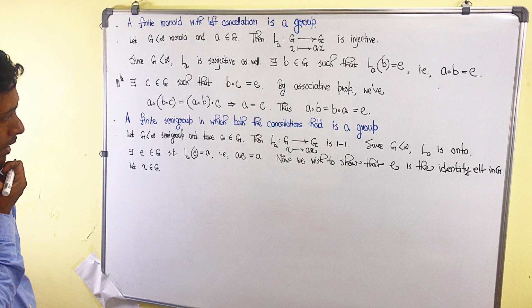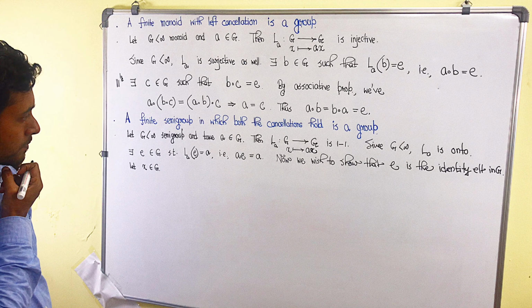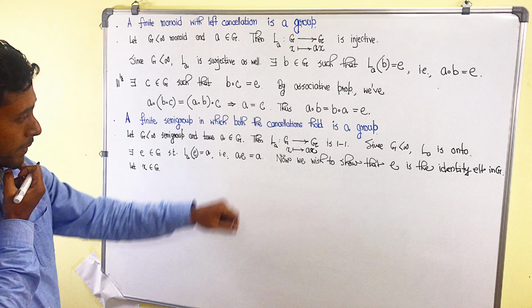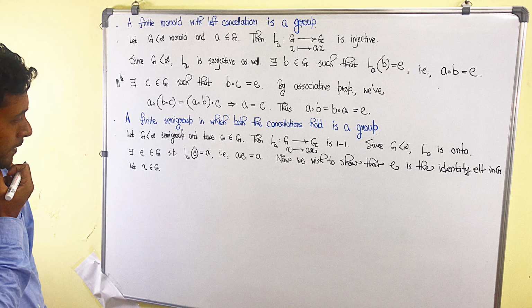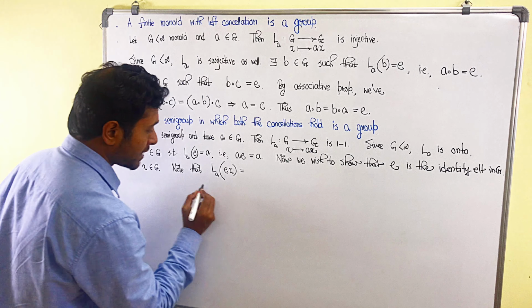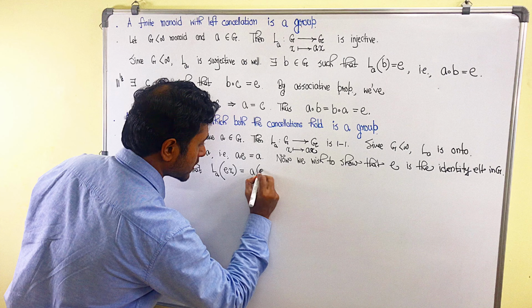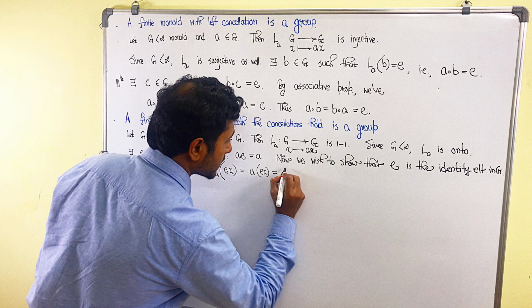Now let's make use of the injectivity of L_a. So what do I mean? Note that L_a of ex, by the defining property of L_a, is a times ex, and by the associative property, it is (ae)x.